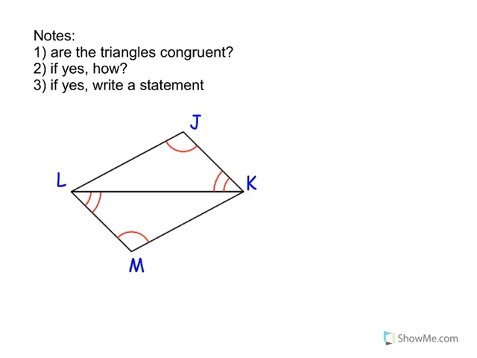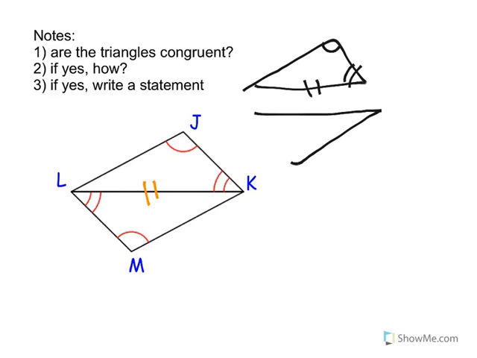Okay, so we have another one, same questions. We have two sets of angles, and they also share that middle side. So we have an angle, another angle, and this side. We have an angle, a double angle, and then this side. So angle, angle, side, angle, angle, side.